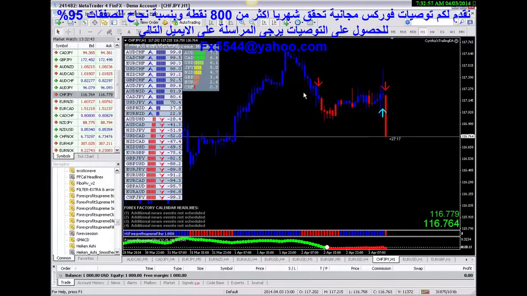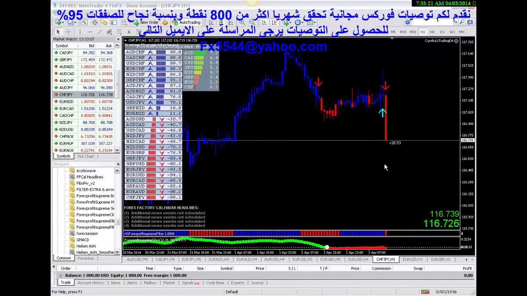Okay, you can see why the franc is so weak. Look at this, this is an hour candle here. So it means that they're selling off the Swiss franc, and they're buying the yen. Now look at the yen here. The yen is green.